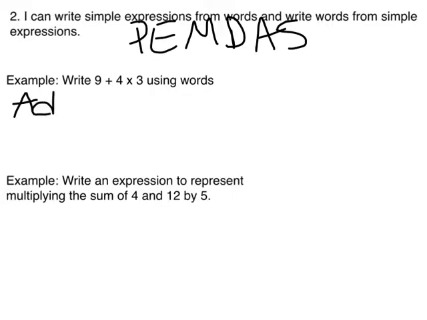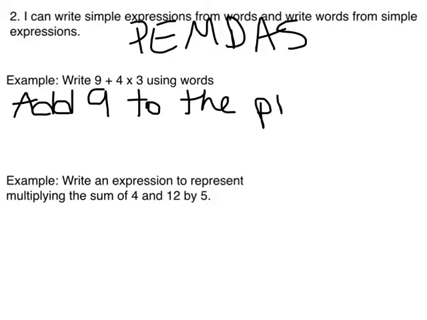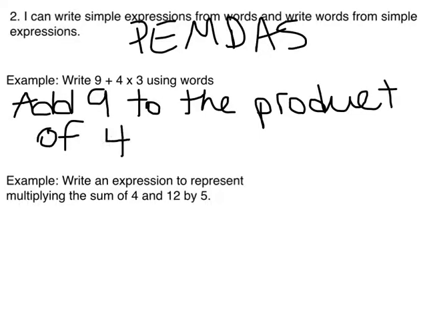Add 9 to the product of 4 and 3. So that tells us in that statement that we have to find the product really first of 4 and 3, which is multiplication, and we know that comes before adding. So there's the order of operations taken into consideration for that.